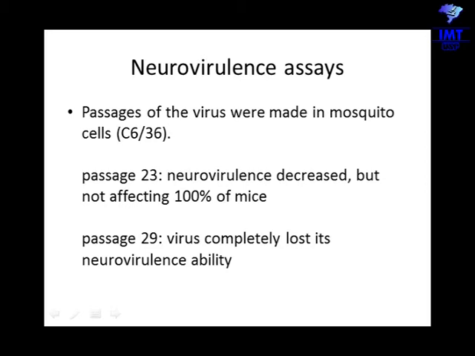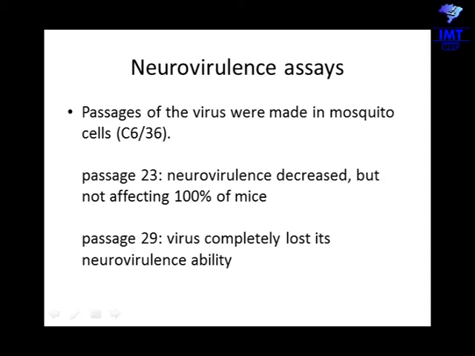We tested the ability to kill mice every 8 passages. In passage 23, the neurovirulence decreased, but did not affect 100% of mice.